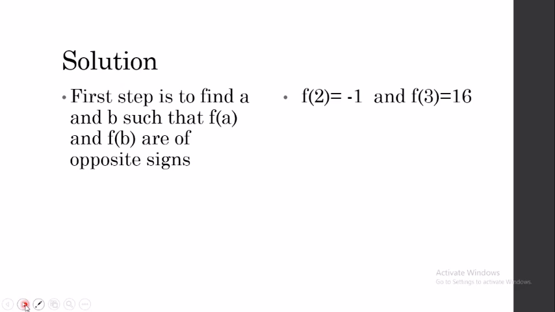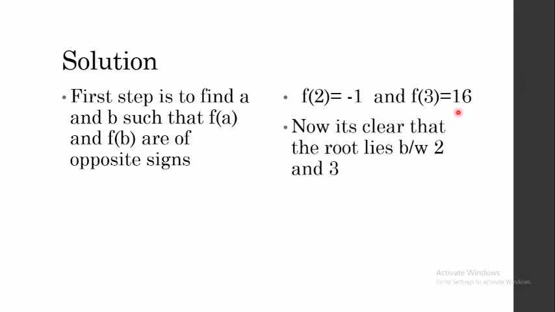For f of 2 I got minus 1, and for f of 3 I got a positive value, that is 16. With that in mind, I was clear that the root of our equation lies somewhere between 2 and 3. So I assigned a equal to 2 and b equal to 3.